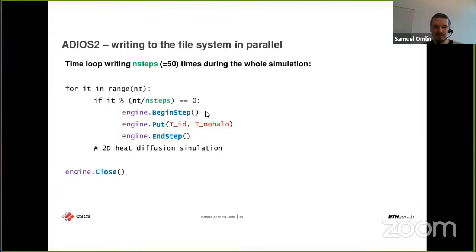And now here you see the essential thing about how to write something concretely, right? So we begin a step, then we put all the variables we want to write, temperature, pressure, whatever. In this case only temperature, but in other cases you'd have more things. You will declare all this.